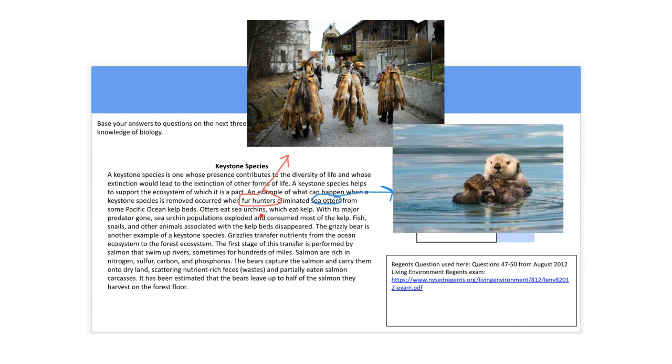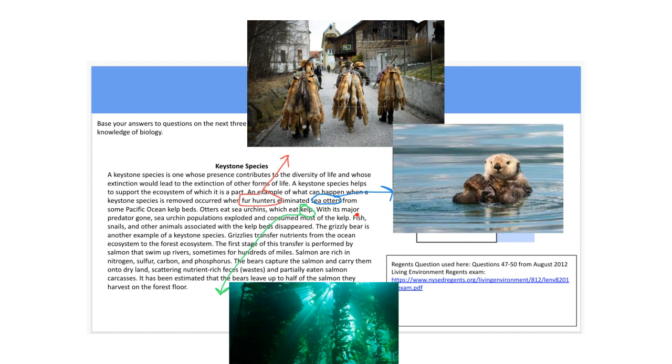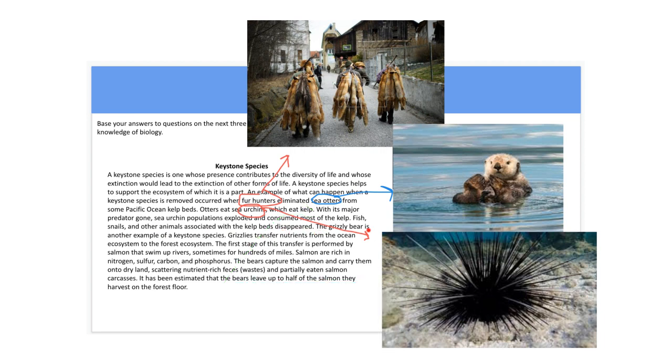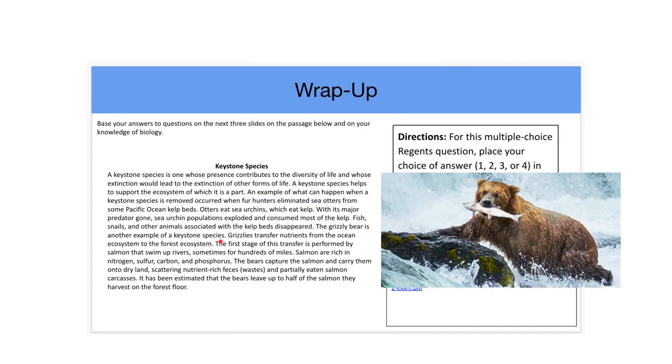Otters eat sea urchins, which eat kelp. With its major predator gone, sea urchin populations exploded and consumed most of the kelp. Fish, snails, and other animals associated with the kelp beds disappeared. The grizzly bear is another example of a keystone species. Grizzlies transfer nutrients from the ocean ecosystem to the forest ecosystem.